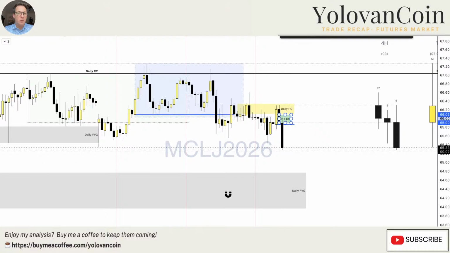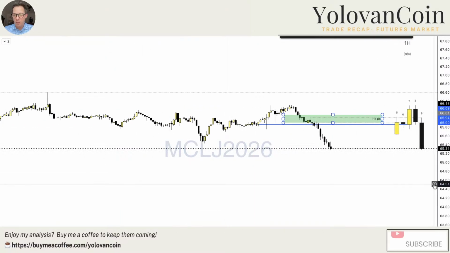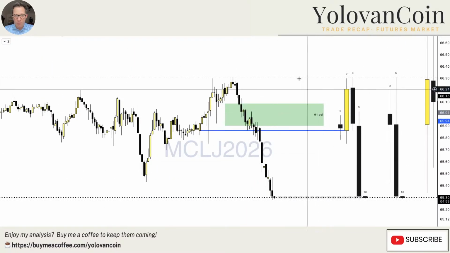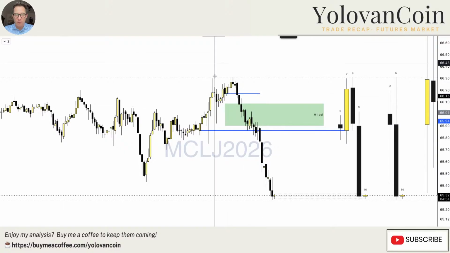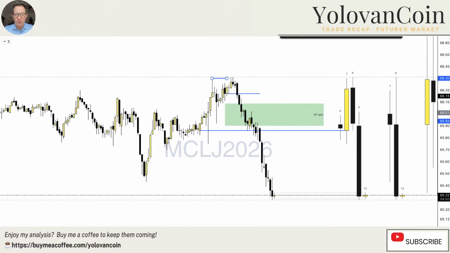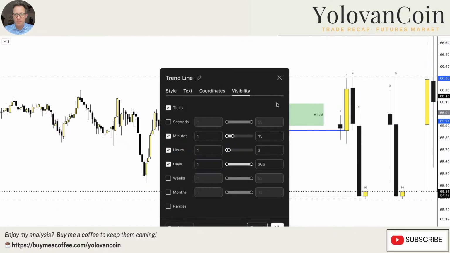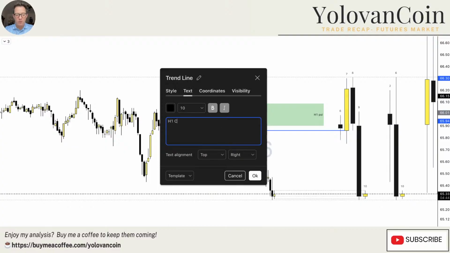There was an H1 POI. If you go on a 5 minutes time frame, you see there was confirmation the sweep was valid. That was an H1 sweep, right? There was an H1 C2.